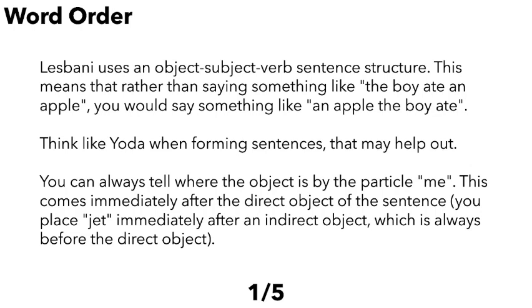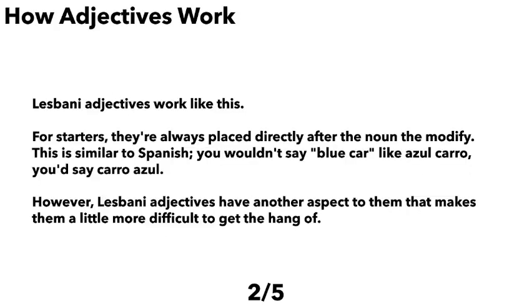And in parentheses, if there is an indirect object, like in the sentence, I told the girl a story, the girl would be indirect, because I'm telling her the story, so the story is direct, the girl would be indirect, and you would place yet immediately after the indirect object, which comes right before the direct object.